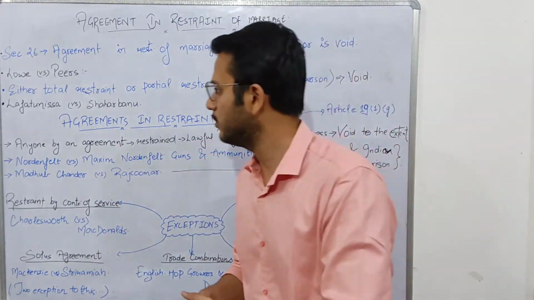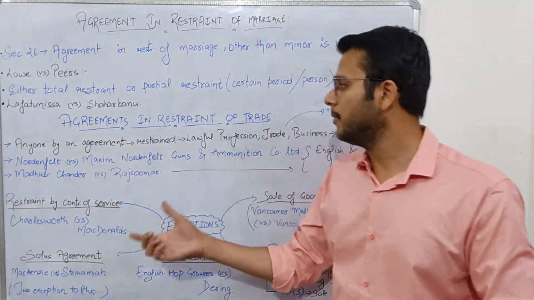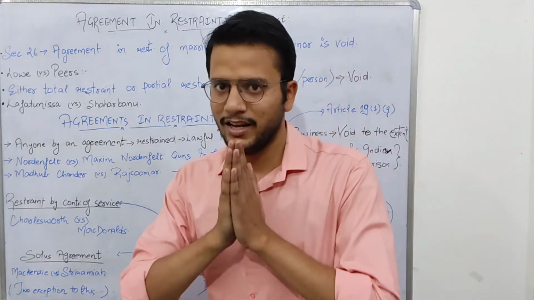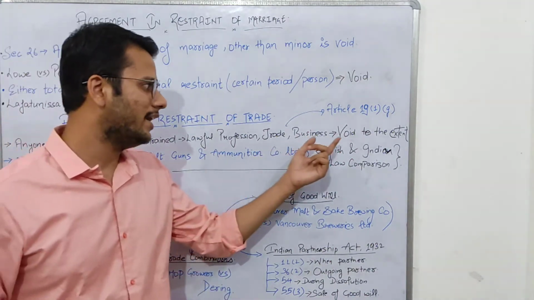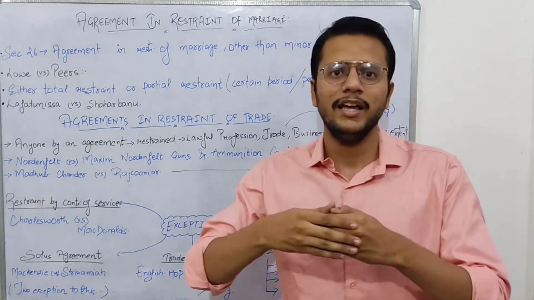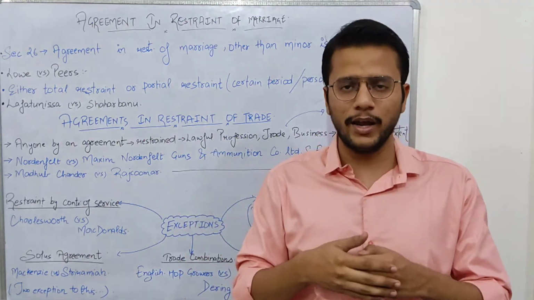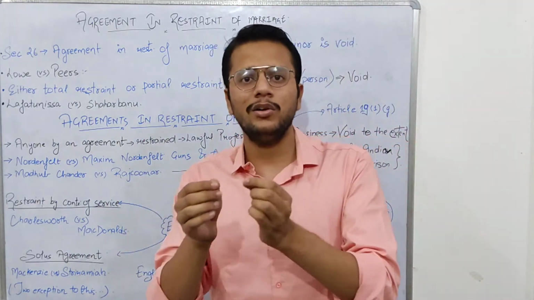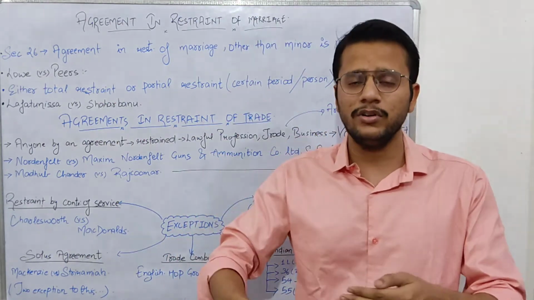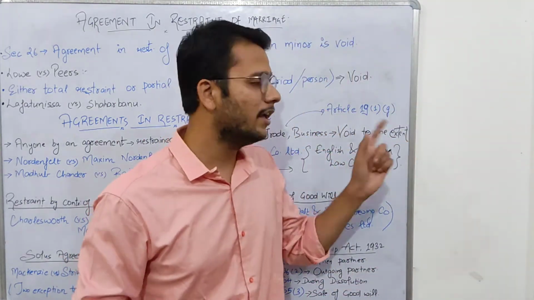So section 27 says that when anyone by an agreement is restrained from performing his lawful profession, trade, business, etc., then it is void in nature. Void to the extent, meaning that if I am not allowed to carry on my business for the next 2 years, although the restraint is not permanent, even if I am restrained to that extent, it is void. That is what is meant by the words 'to the extent'.